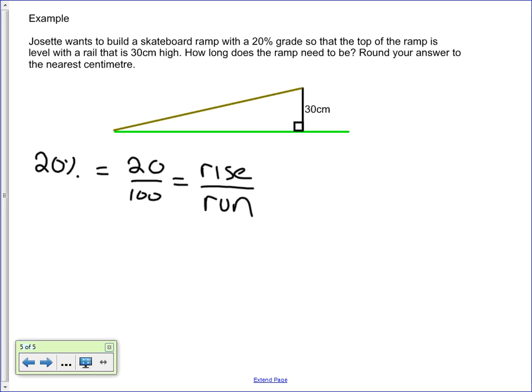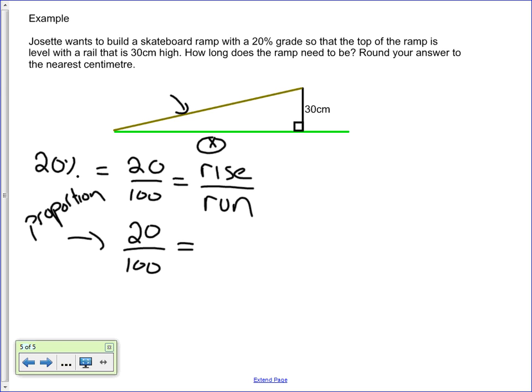I know that my rise is 30, so 20 over 100 is equal to, what I'm doing is setting up what's called a proportion, and this will allow me to calculate this value right here, which I need in order to calculate the ramp. So 20 over 100 is equal to my rise, which is 30, over my run. Now all I'm doing is cross multiplying. So 100 times 30 and 20 times run.